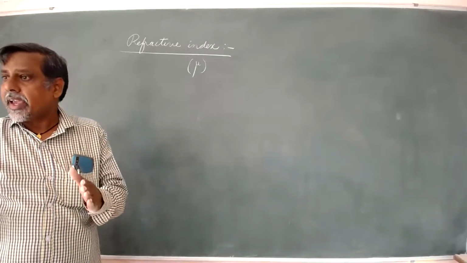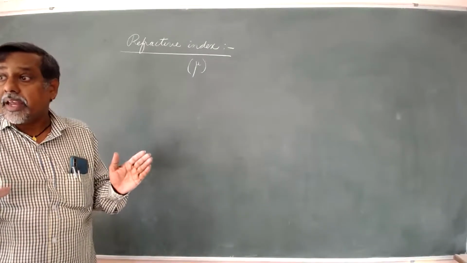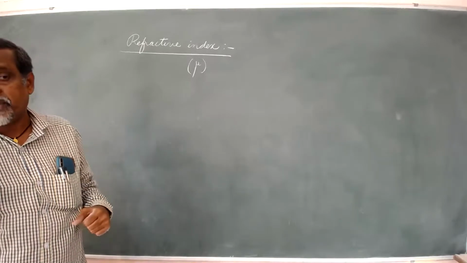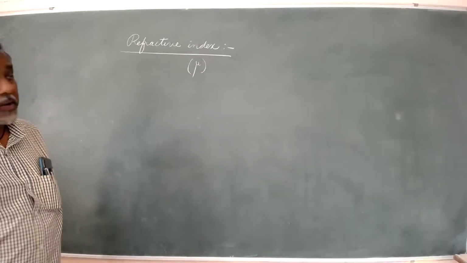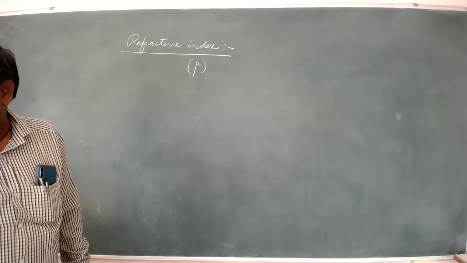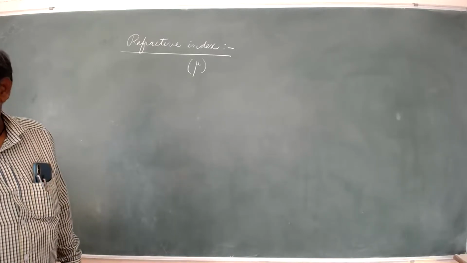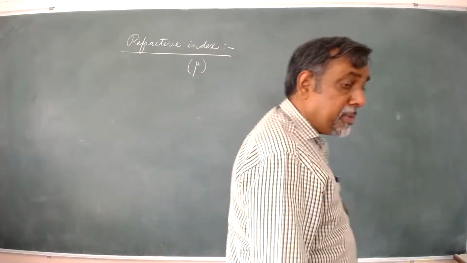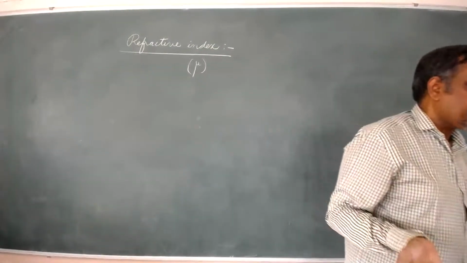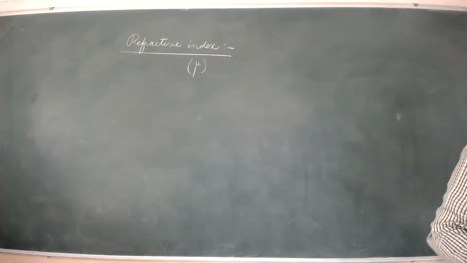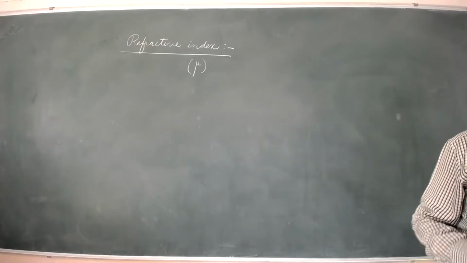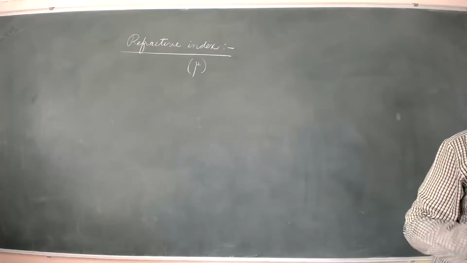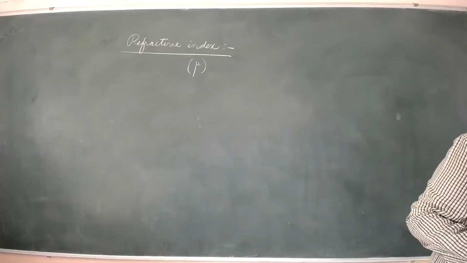At what angle the light ray undergoes bending, that is decided by the refractive index. The refractive index is decided mainly by the denser medium's density. If the denser medium is more dense, we say the refractive index is more. If the denser medium's density is less, we say the refractive index is less.